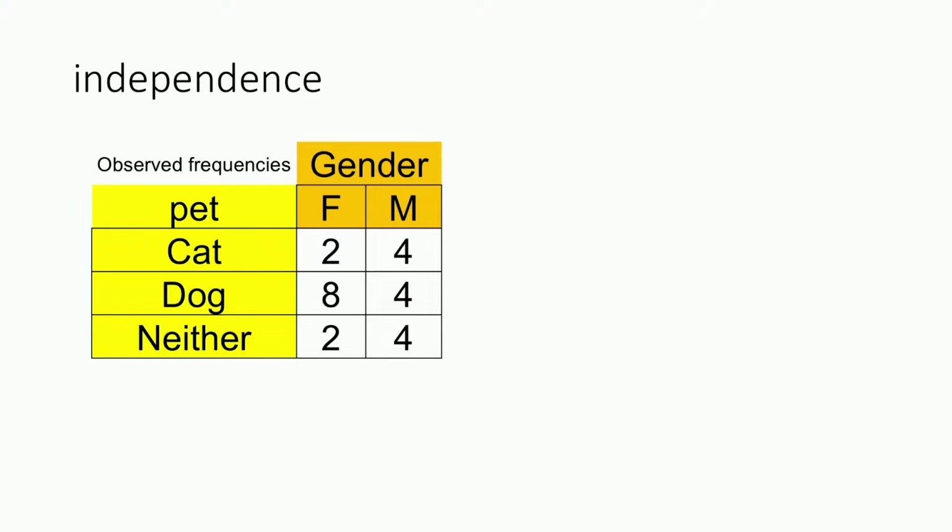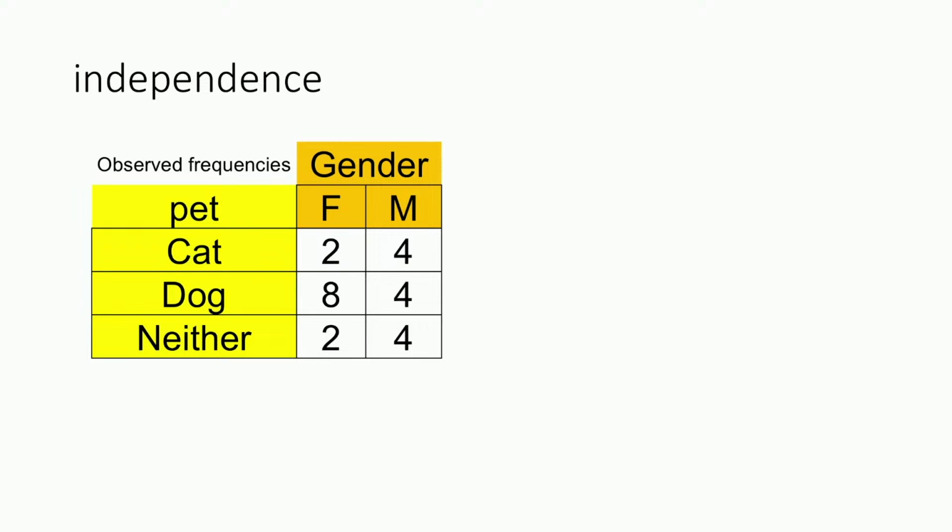And like I said, if you had a dog, you went into the dog category, all right? And then you have 4 predominantly dog dudes, and then 4 who said neither. The neither people, I boosted that. I think it was more like 2 or something. But anyway, I wanted to make things work out nicely.